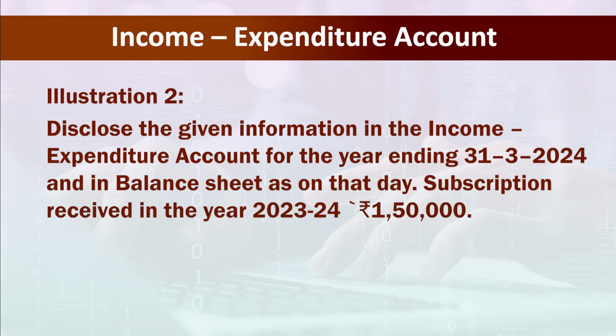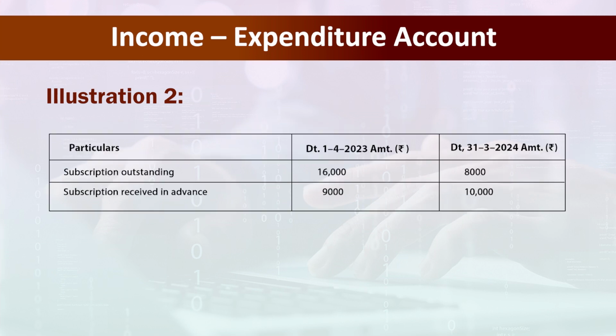The subscription received in the year 2023-2024 is rupees 1,50,000. The particulars are as given. Subscription outstanding on date 1/4/2023 amounts to rupees 16,000. As on 31/3/2024, it is rupees 8,000.